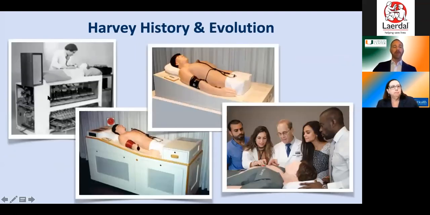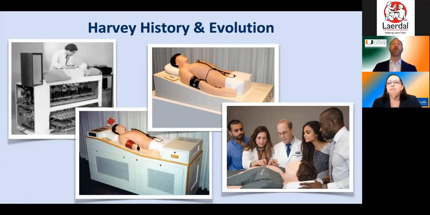Then in this upper left photo, you can see what one of those prototype mannequins looked like. It was a massive piece of equipment. All of the pulses were generated with rods and pulleys and mechanics down inside the cabinet, and it weighed over 500 pounds. Moving down a little bit to the bottom left, you can see where we then had a multi-disease Harvey that could simulate more than one condition.